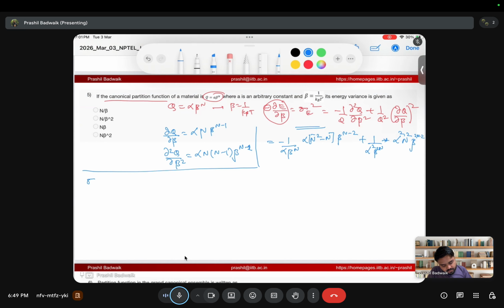So I am going to get sigma e square is equal to alpha beta raised to the power n, beta raised to the power n minus 1.